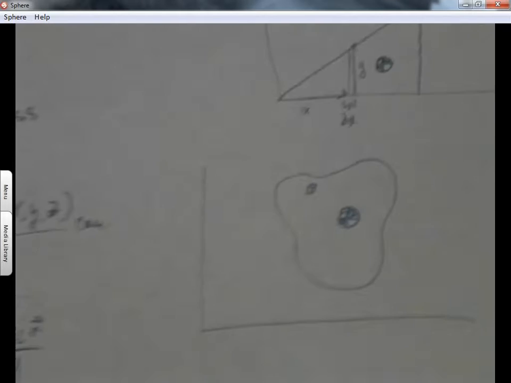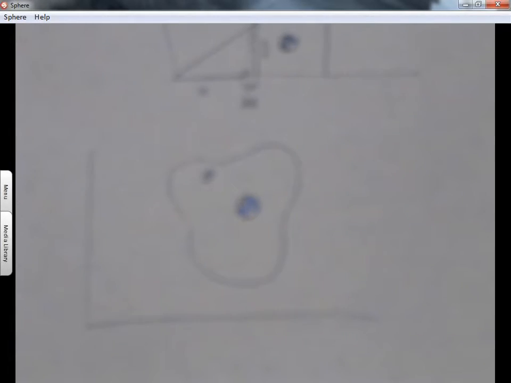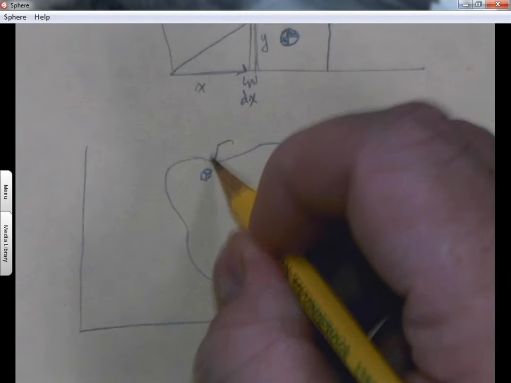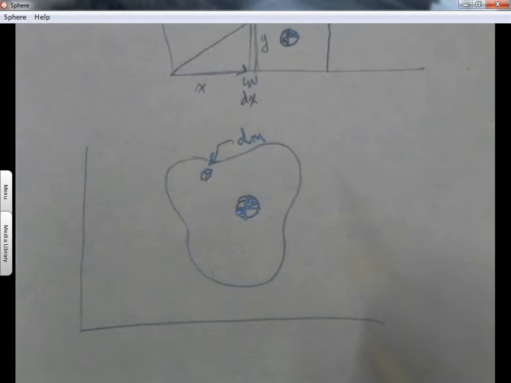We'll zoom in on it. Alright, so what do we have right here? This is going to be our dm. It's going to be our differential particle of mass.